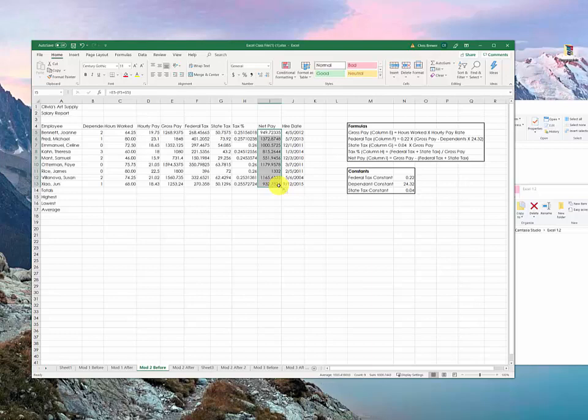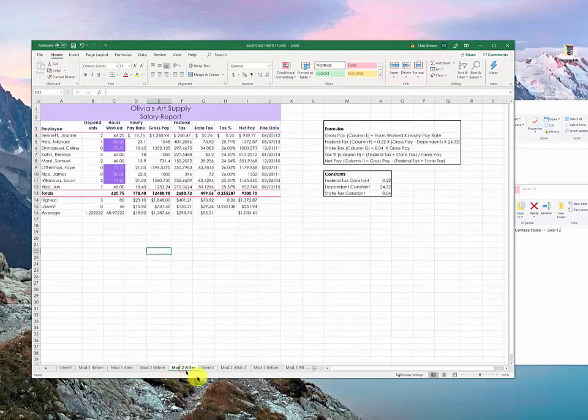All right. A couple of other things. We'll just look at the after on this. We want some totals. Here's our totals for all of the hours worked. The total hourly rate doesn't make a lot of sense because that depends on how many people are working and how much money they're making an hour, so the total hourly rate is kind of a bogus number.